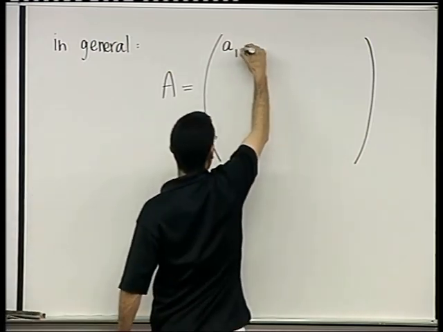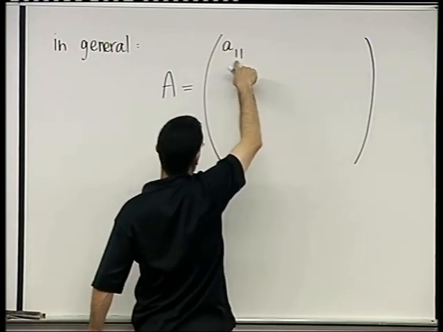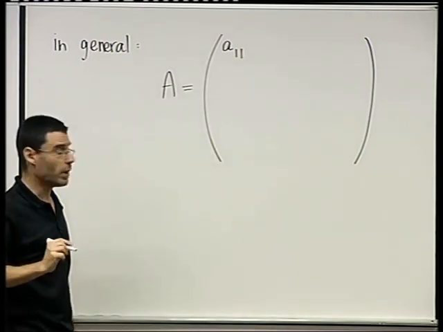So A11 is the element sitting in the first row, that's what this one stands for, and the first column, that's what this one stands for. It's not an eleven, it's a 1, 1.